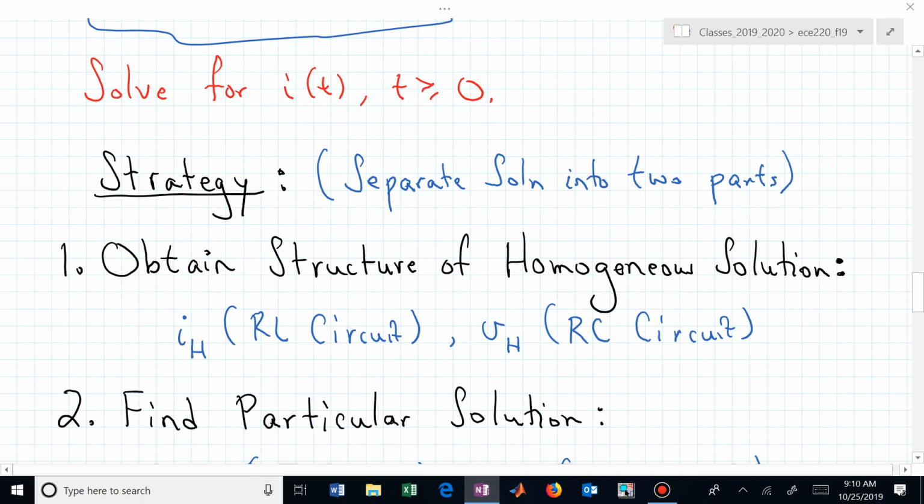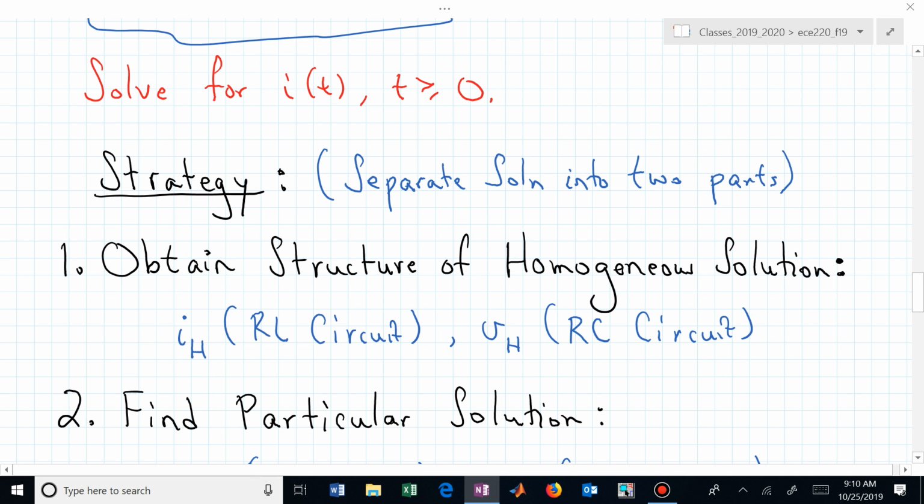Let's just do the two-part solution to these ordinary differential equations. Let's just break it up into two pieces, a homogeneous piece and a particular piece, and sum those up to get the complete solution. The homogeneous piece is when we shut all the sources down. We have the system just with the natural behavior of the system, no sources present.